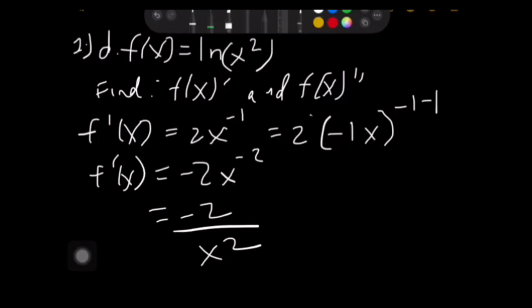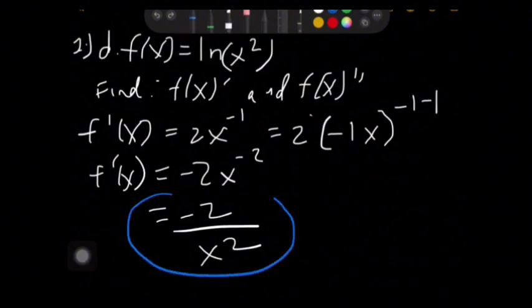This is the second derivative. So we found the first and second derivatives.